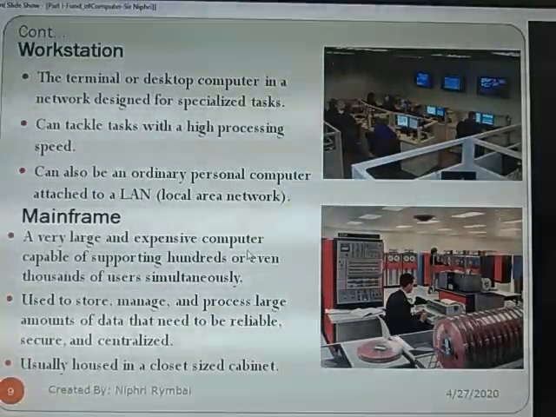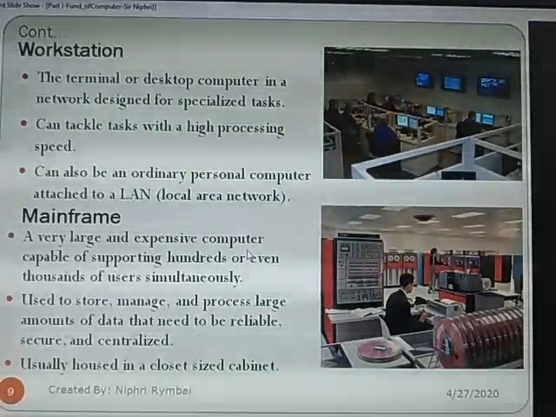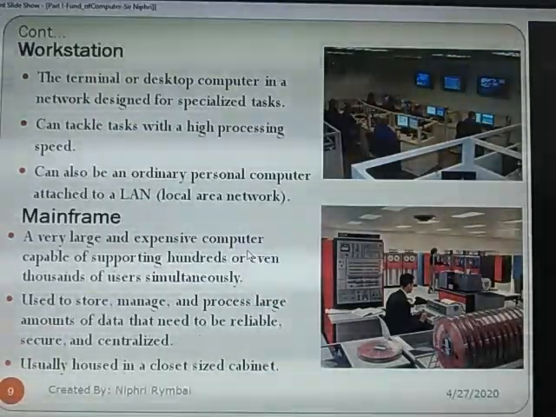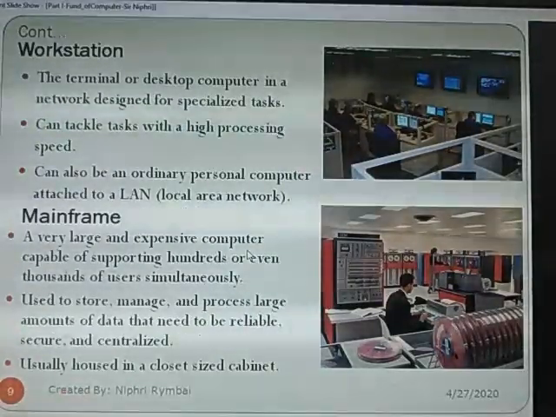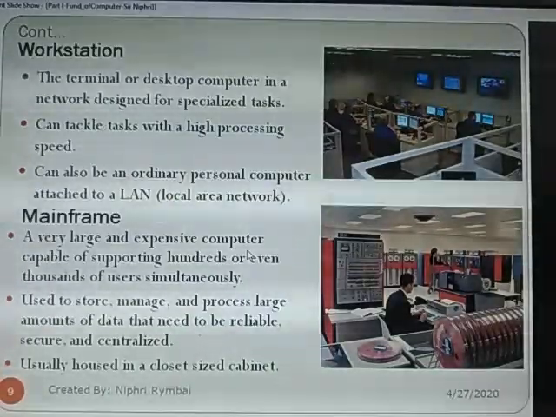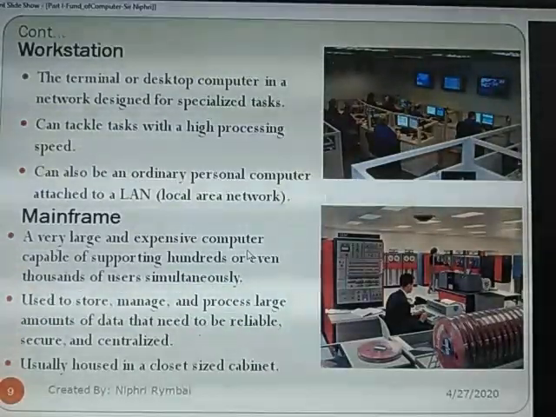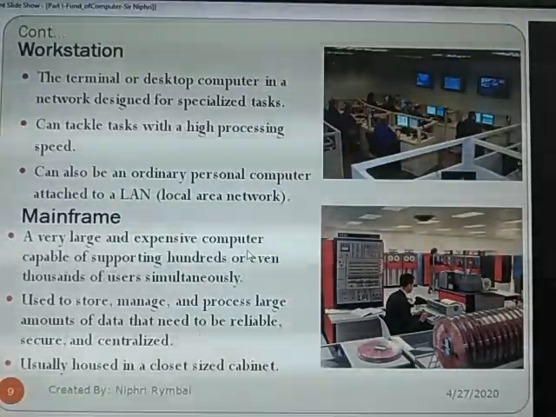They have the capability to store a large amount of data. This type of computer is also used to centralize tasks, or we can use it as a server to serve other client computers which are spread across different areas, different locations, different branches.